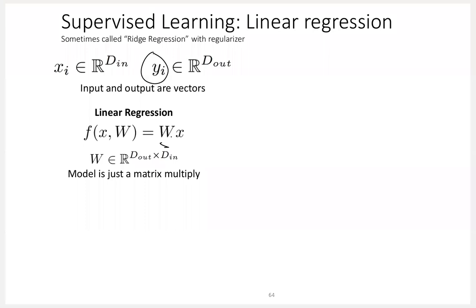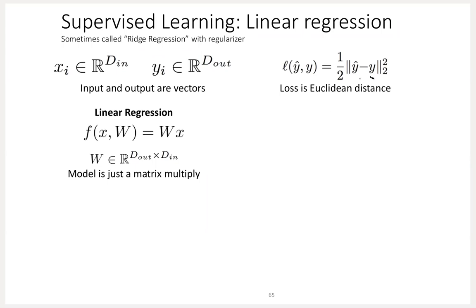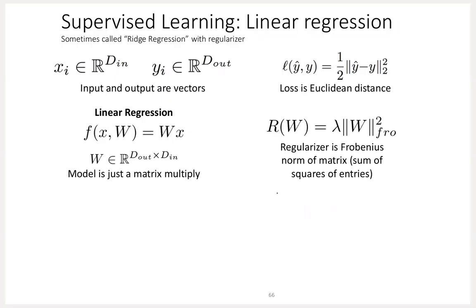But here we simply try to minimize a loss. We want to minimize the difference of our estimate from the ground truth. And we can have a regularizer, let's say minimizing the sum of the squared weights. That will be the matrix norm.